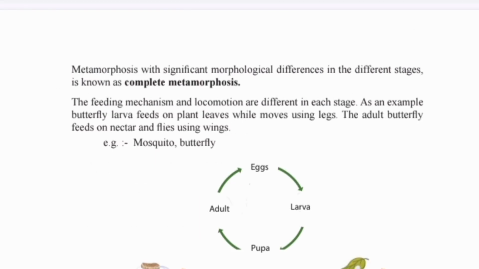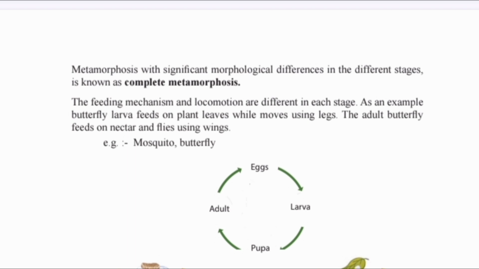Okay, the definition of complete metamorphosis in the textbook is: if an animal exhibits significant morphological differences in its different stages of life, such as egg, larva, pupa, and adult, it is known as complete metamorphosis.